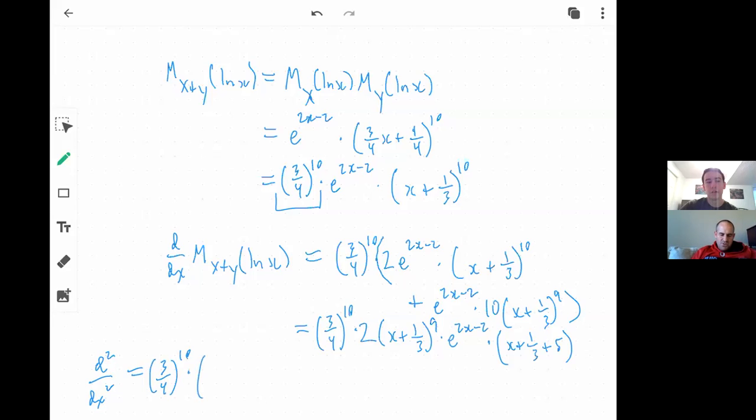Okay, and you would have to use like the triple product rule or something, right? So, oh right, times 2, times 9, times x plus 1/3 to the 8th, times the rest of it, times e to the 2x minus 2, times, what is that? x plus 1/3 plus 5.